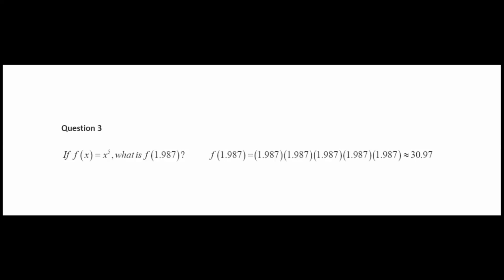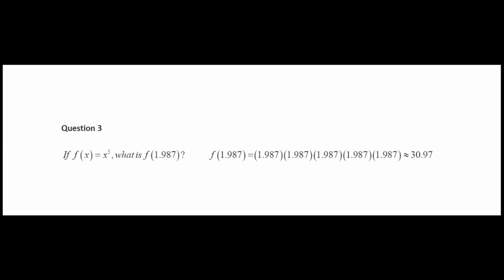So let's go to question 3. What if you were given f of x equals x to the fifth? Yes, that's our first function. And you were asked to find f of 1.987. Well, that means 1.987 to the fifth power, or 1.987 multiplied by itself 5 times. Now, that's not a real problem for us, is it?